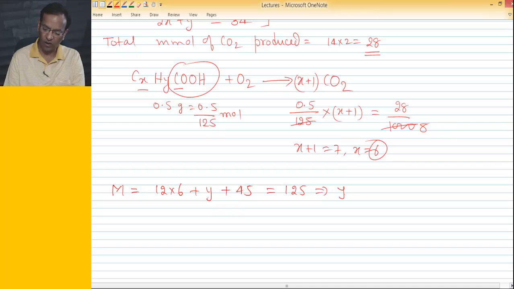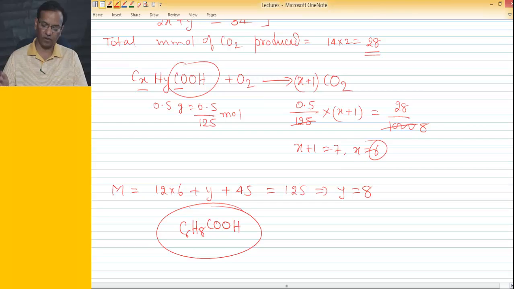So if we work out, Y will be equal to, sorry, not 9, it will be 8. So in this manner, the formula we have derived is C6H8COOH. This is the formula of this acid.